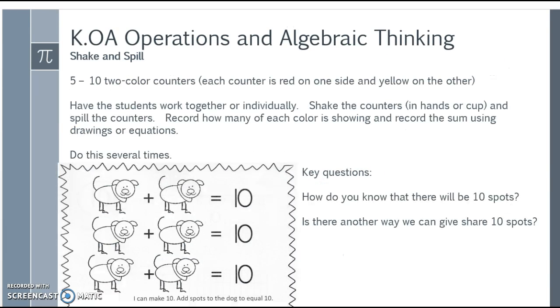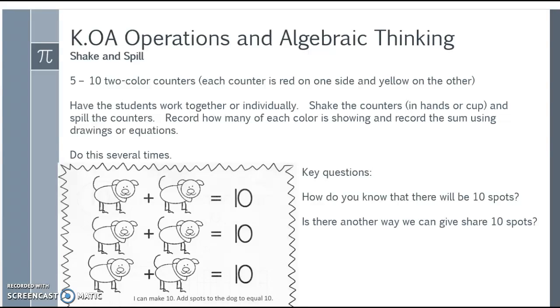Another great idea is called shake and spill, where we would have between 5 and 10 2-color counters. So on one side of the counter is red and the other side is yellow. So have students work together or individually. Shake the counters in their hands or cup, probably a cup would be better, and spill the counters on their table. You can then record how many there are of each color showing and write that as a sum.